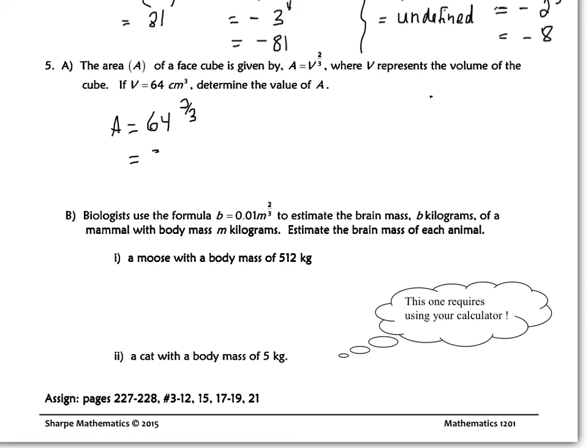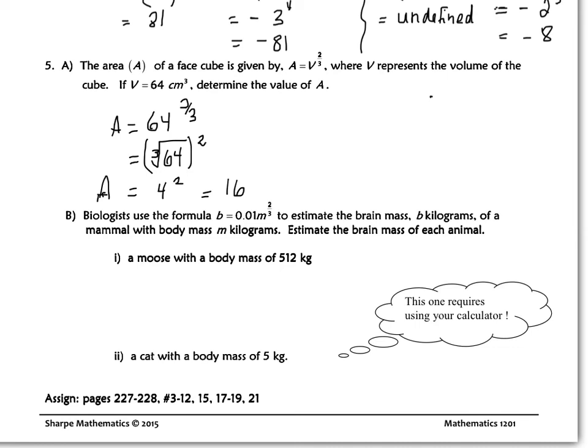So that would equal the cube root of 64 all squared. And that would equal 4 squared, or 16. And that would be your value for A.